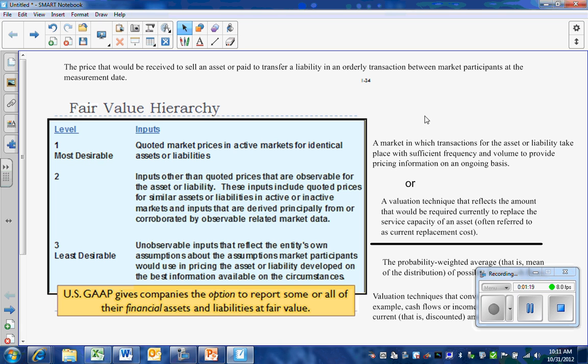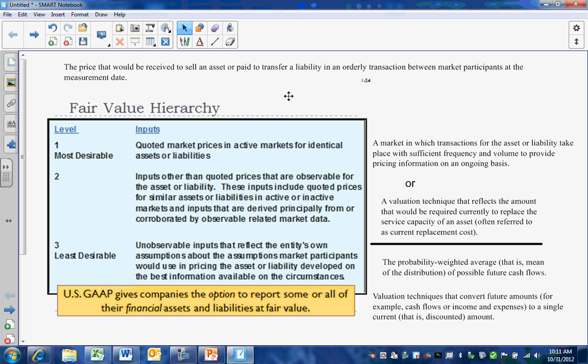If you remember back to topic 2, we discussed what fair value meant, and the definition given in the code is this. Fair value is a price that would be received to sell an asset or transfer a liability in market conditions.